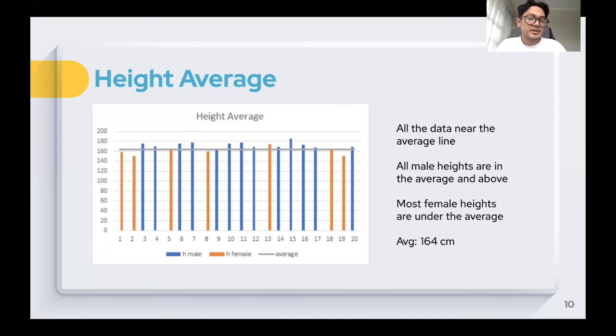A more interesting fact about this data is how all the male data fall above the height average line, and all the female data fall under the average line except for data number 13, which is above the average line, at 164 centimeters.